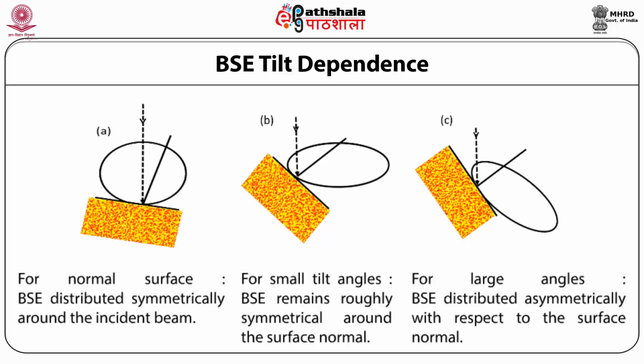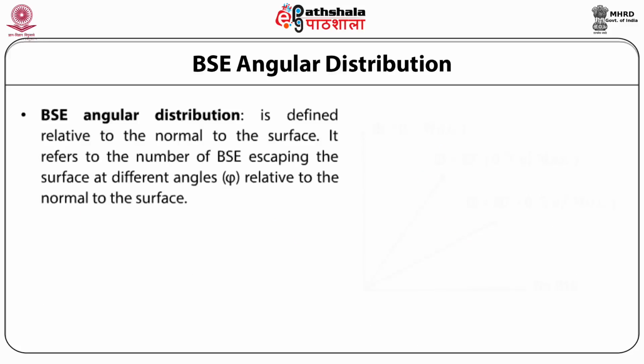These effects cause the contrast in images formed with backscattered electrons to show a stronger dependence on surface topography and on the location and characteristics of the backscattered electron detector used. Also, the backscattered electrons' angular distribution is a factor affecting the BSE emission.